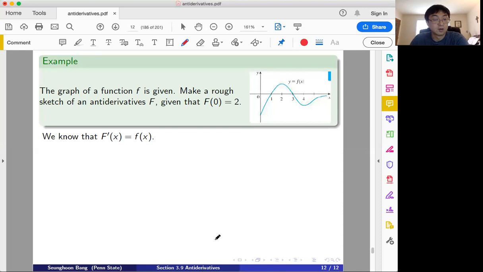We know that F prime of x equals f of x. So we can use the increasing/decreasing test, the concavity test, and the first derivative test.